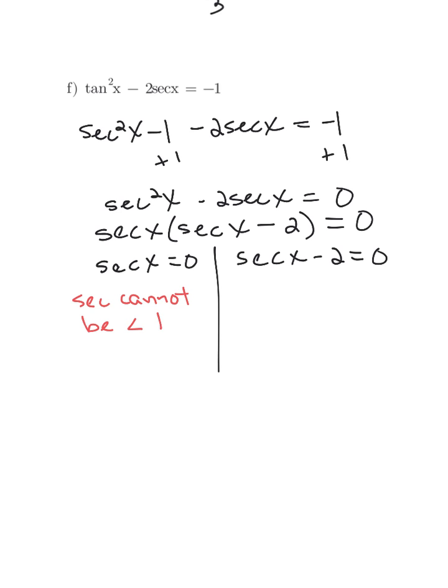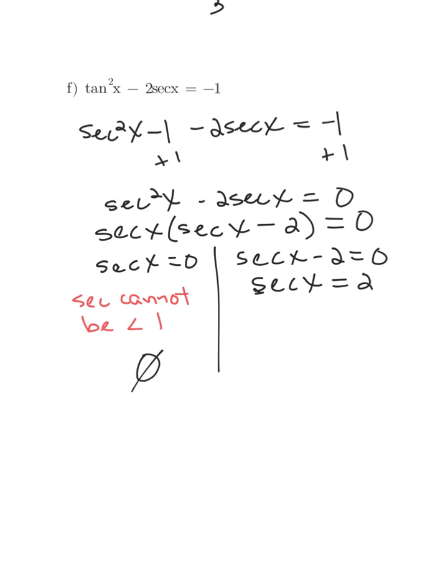So this part of the equation gives you no solution. Going over to the other side, move over the 2 and you will get secant of x equals 2. First, recognize that the value of 2 is okay for secant. It has to be at least 1. 2 is bigger than 1, so we're good.